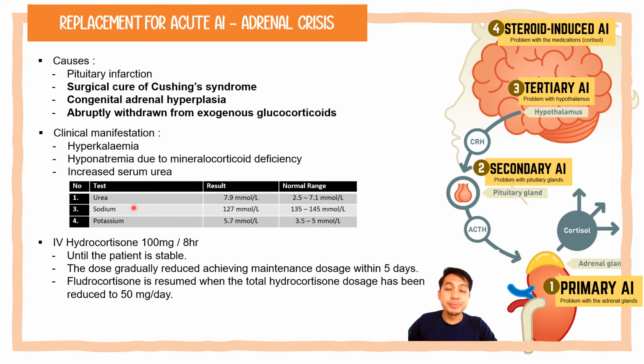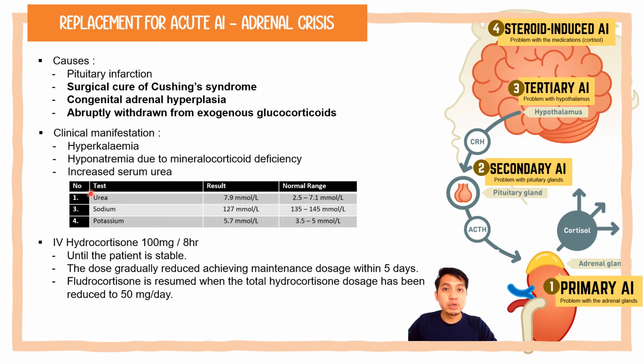This hyponatremia occurs because of mineralocorticoid deficiency and also due to inappropriate secretion of antidiuretic hormone, which is vasopressin, caused by the cortisol deficiency. In this patient, the combination of mineralocorticoid deficiency and glucocorticoid deficiency will lead to urinary sodium loss and plasma volume depletion, which will increase the serum urea.